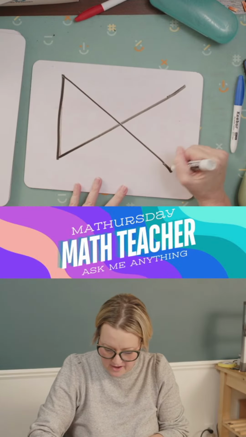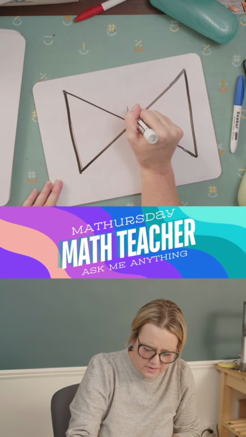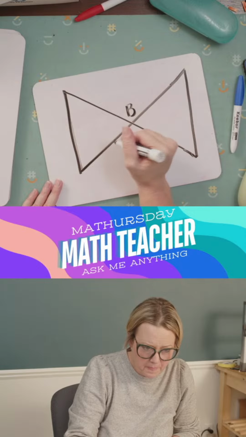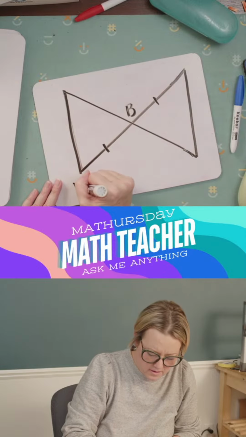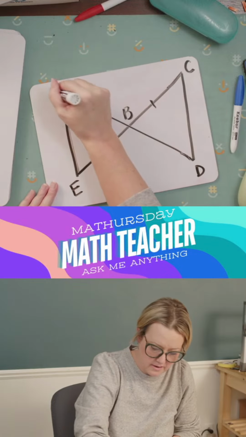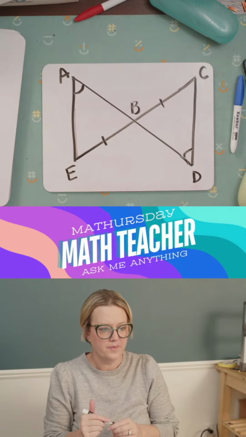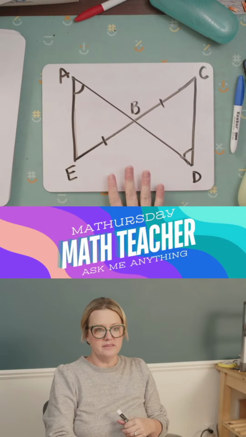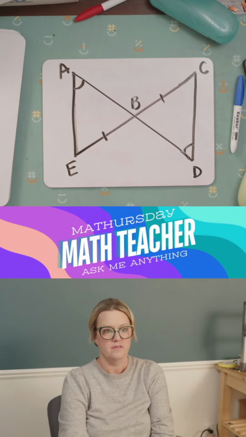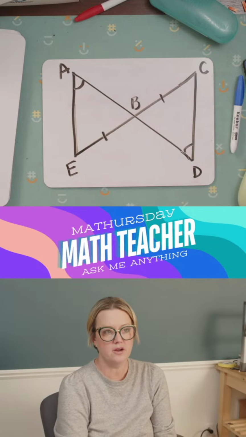So we'll call this B, E, C, D, and A. Let's say these two angles are congruent. So here's the diagram.